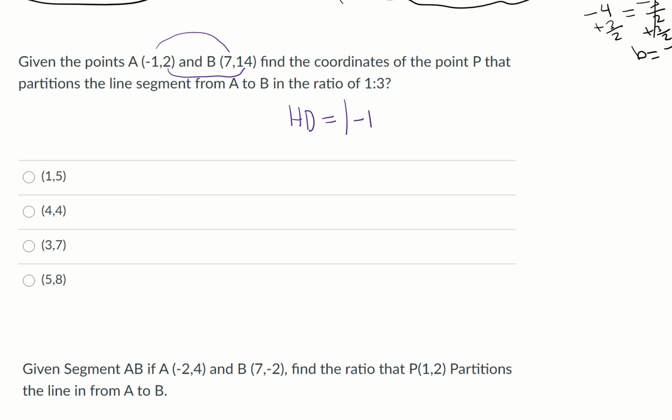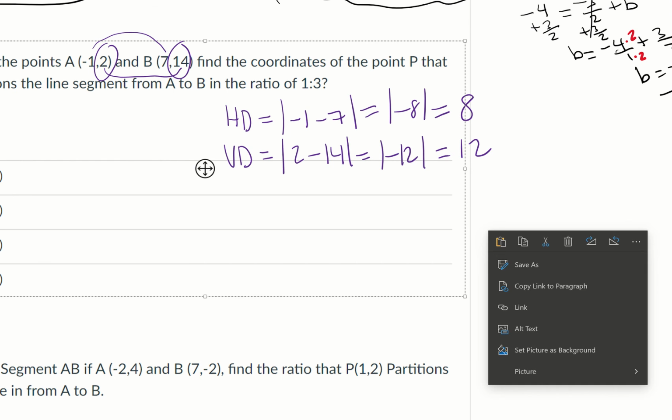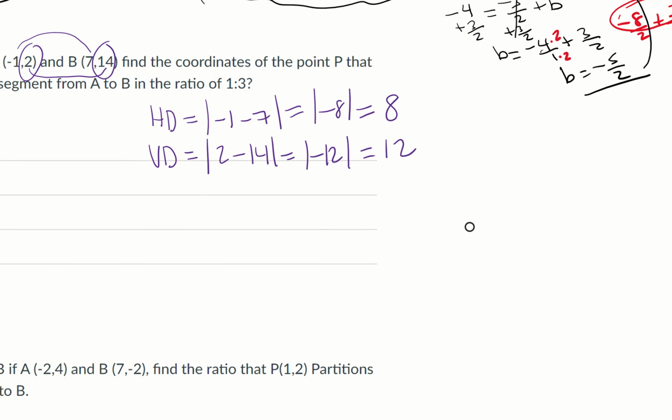The x values are -1 and 7. And so this is going to be -8, and an absolute value of -8 is 8, okay? Then you want to do your vertical distance, so you're going to subtract your y values here. So 2 minus 14, which is -12, absolute value of -12 is 12. Okay, so that's your horizontal distance and your vertical distance.